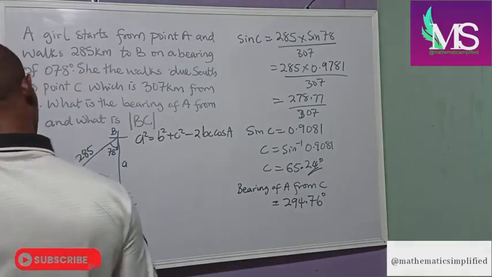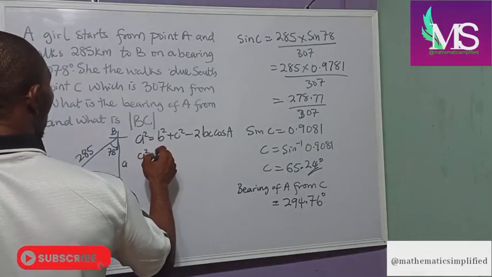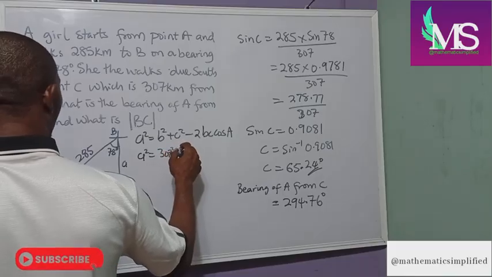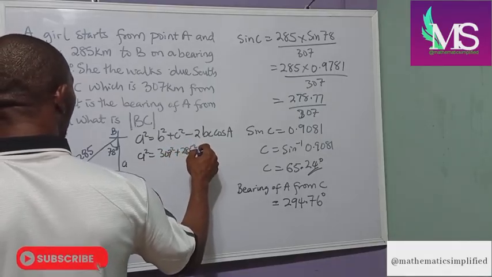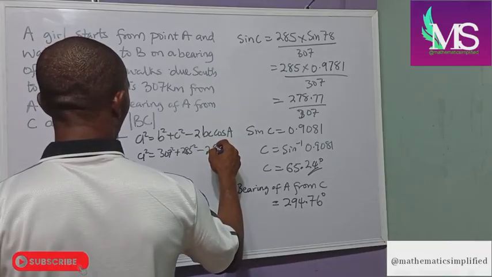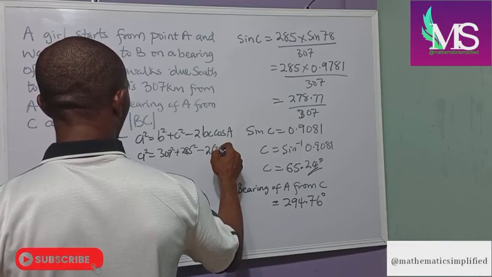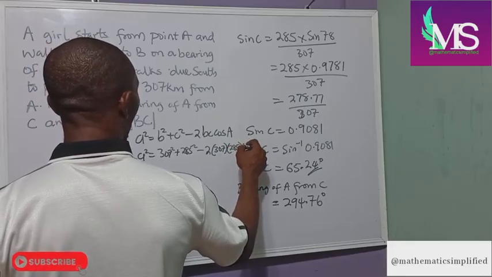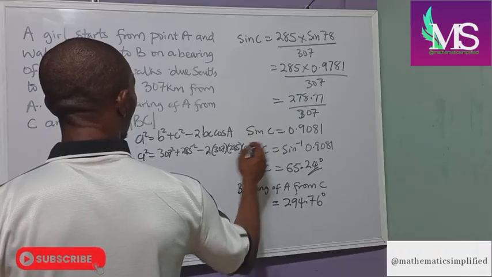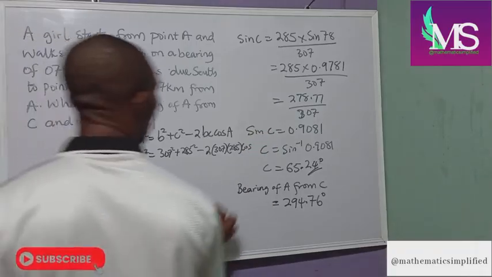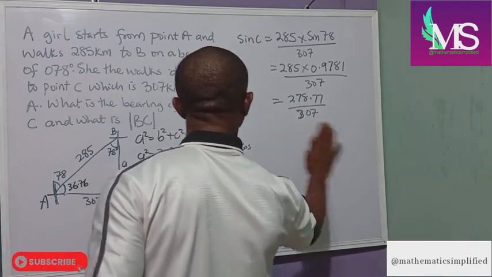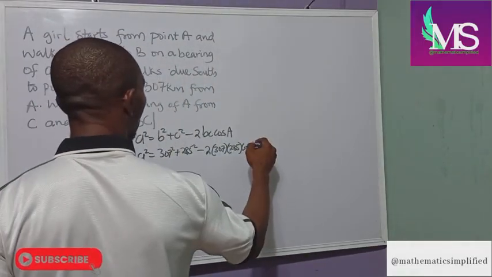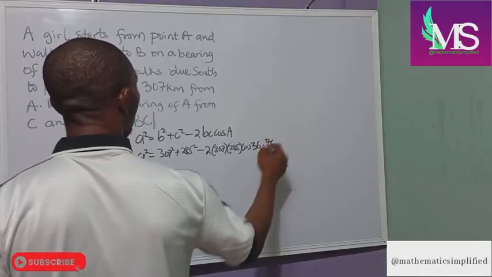So this will now be a squared equals b squared, which is 307 squared, plus 285 squared minus 2 times 307 times 285 times cos 36.76.